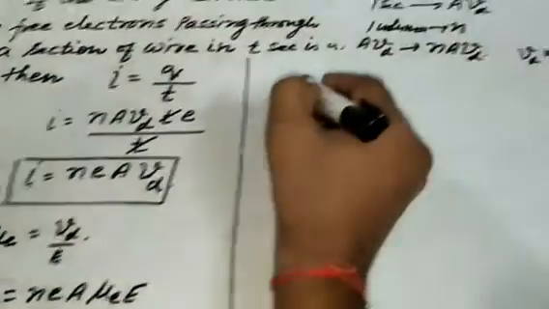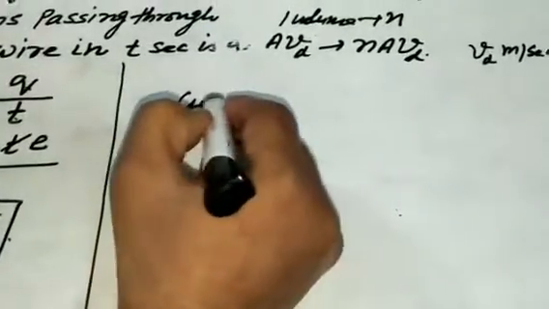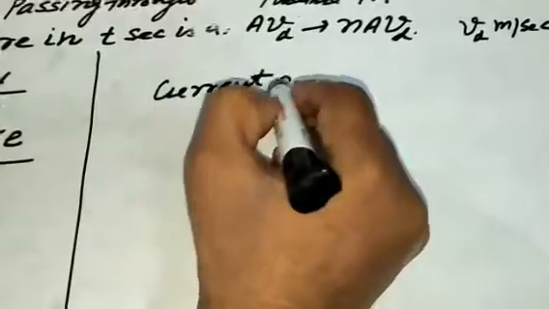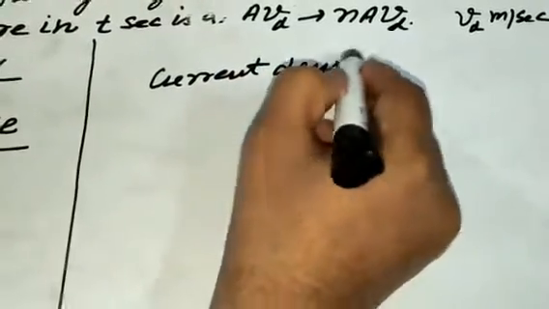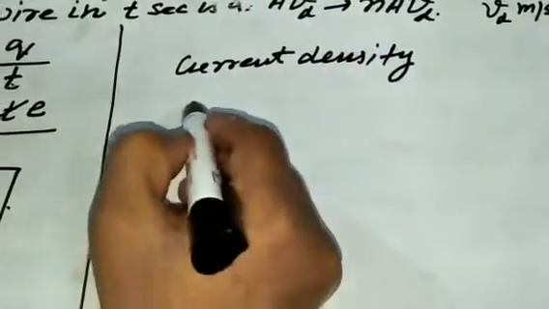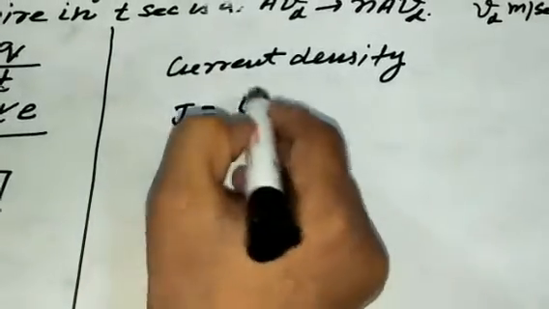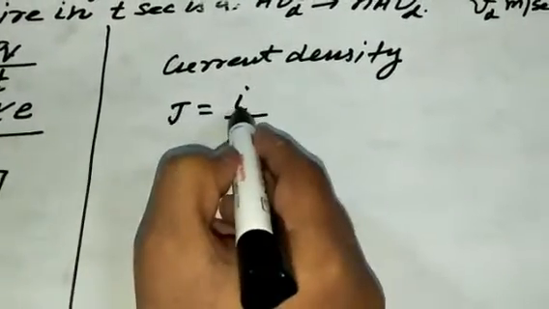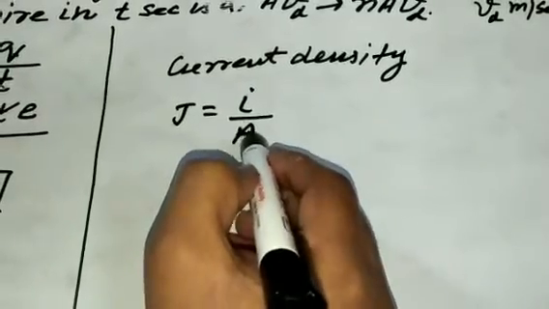And now current density. Since you know current density J is equal to I by A, current density can also be expressed in terms of the drift velocity.